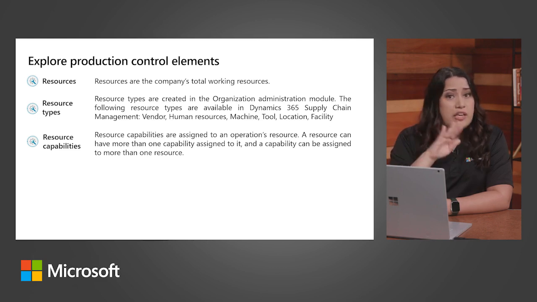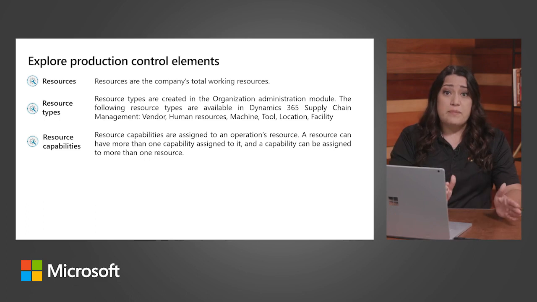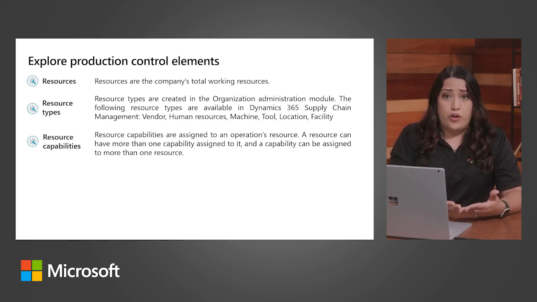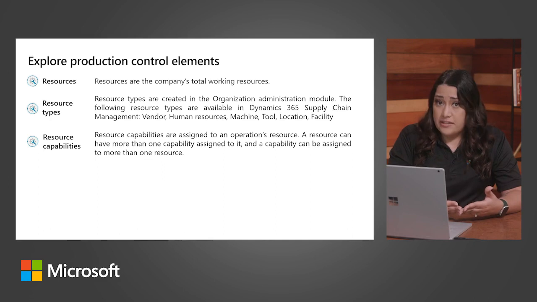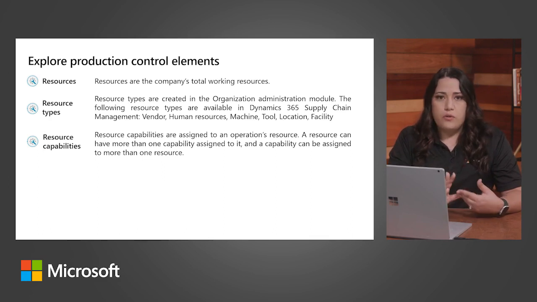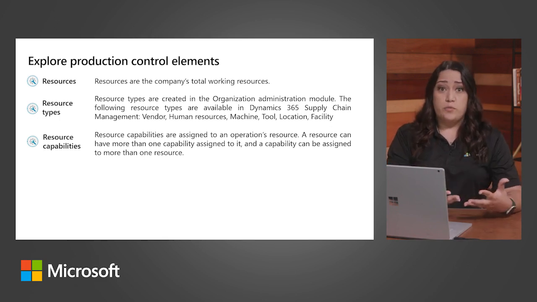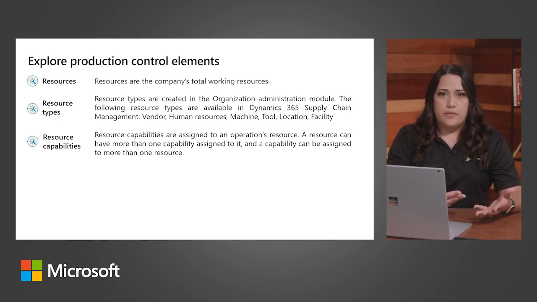So the first thing is your resources. This is going to be anything that's used to create, produce, or deliver your goods or services. But this does not include the materials used in the process. So think of this like a machine, a tool, actual people, or a location.